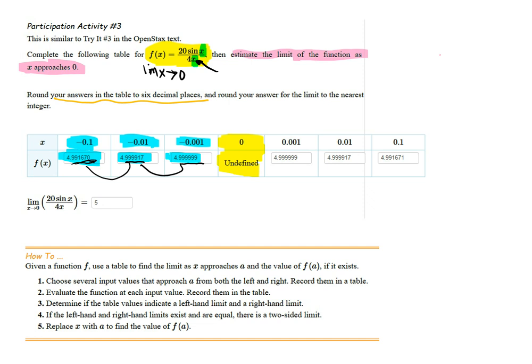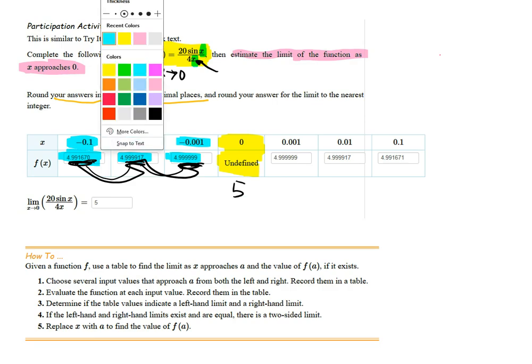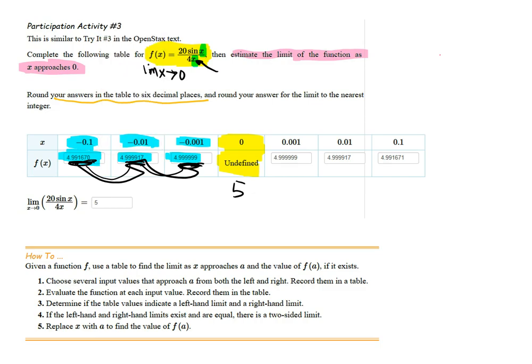These numbers, going from here to here to here, are actually getting closer and closer to the number 5. So then you go to the right side and you look at those numbers, and you start with 0.1.